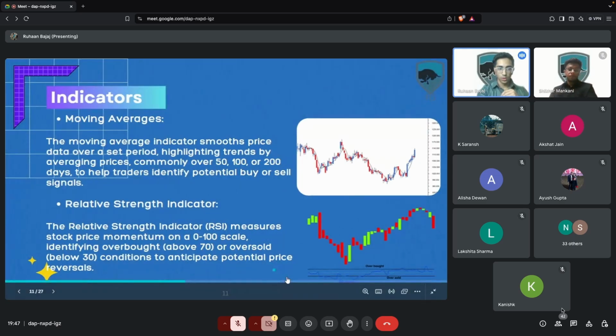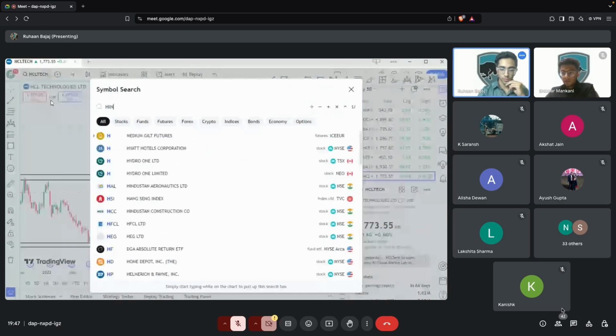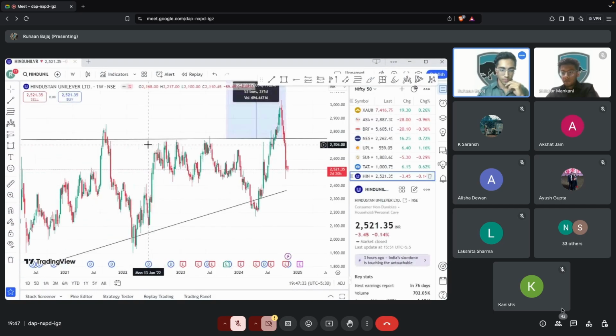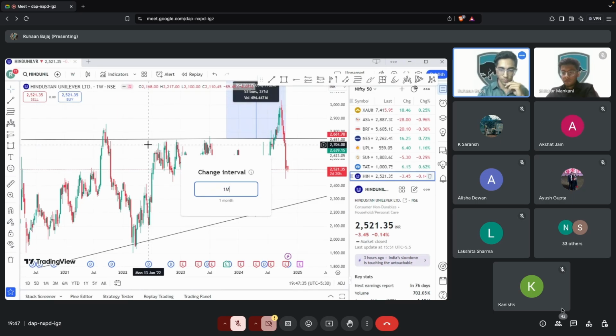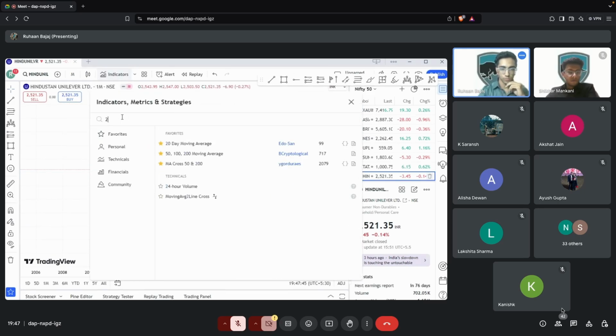For an example, I'll get you to Hindustan Unilever to show 200 day moving averages. I have to add the indicator.